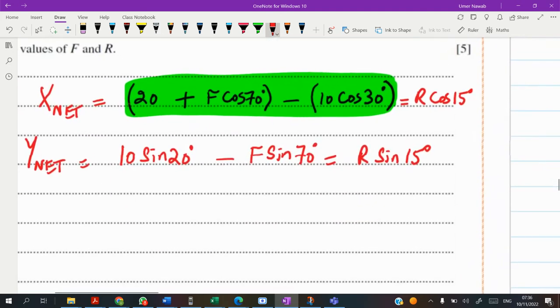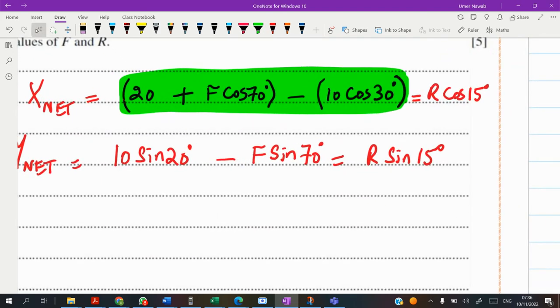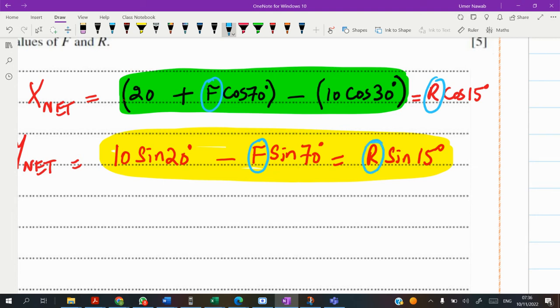Wow. Now I got two equations. And these two equations have two unknowns, the same unknowns. What are the two same unknowns? F, R.